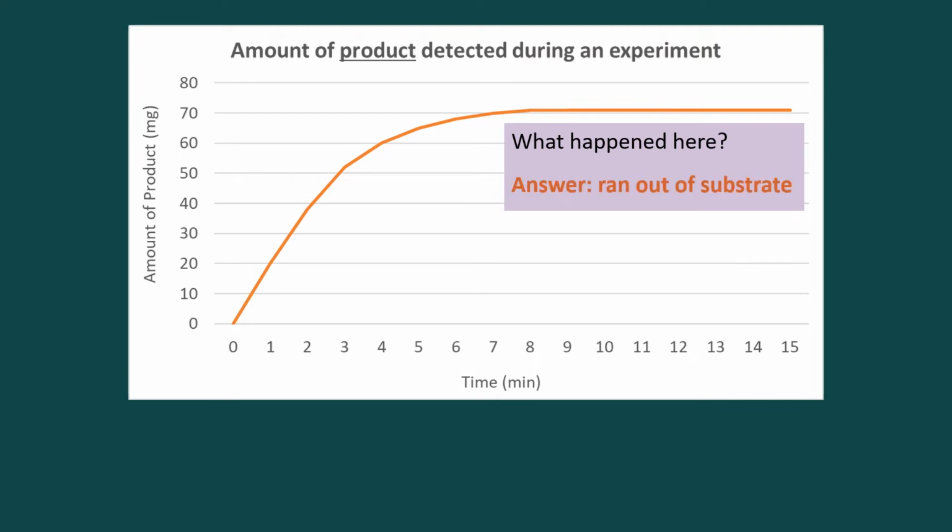The answer is that in the test tube, the substrate ran out. So it's not necessarily that the enzyme stopped functioning, although maybe that happened. We'd have to rule that out in our experiment. It could just be, though, assuming that no extreme heat, no extreme pH, and no extreme salinity were applied, that the enzyme just ran out of substrate.